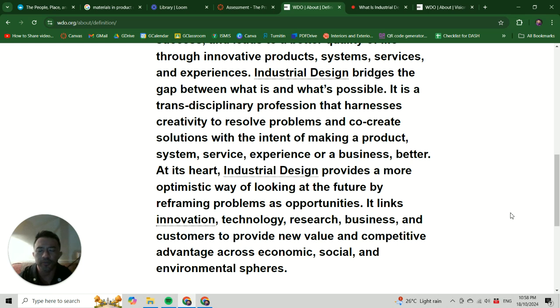And you cannot solve those problems if you are not optimistic enough. It also links innovation, technology, research, business, and customers to provide new value and competitive advantage across economic, social, and environmental spheres.